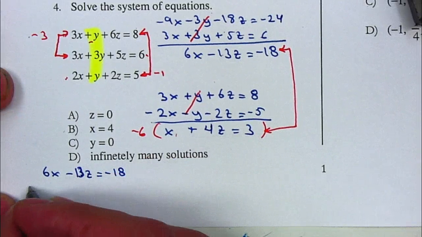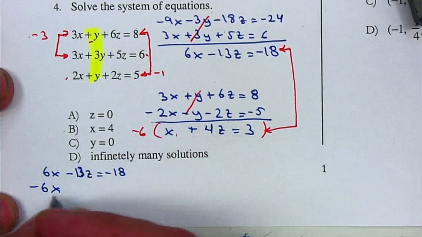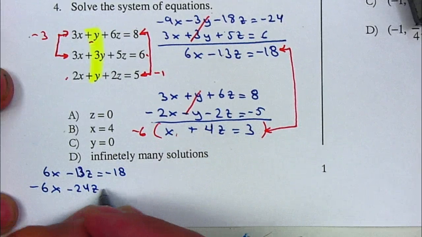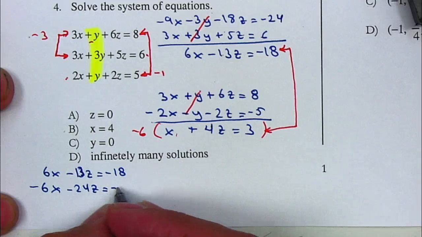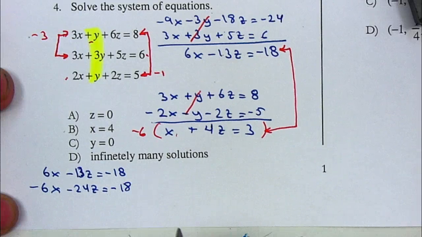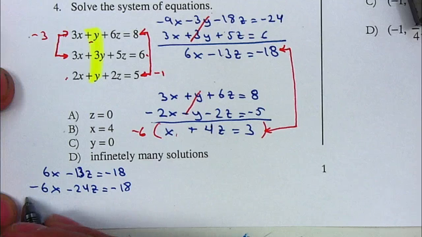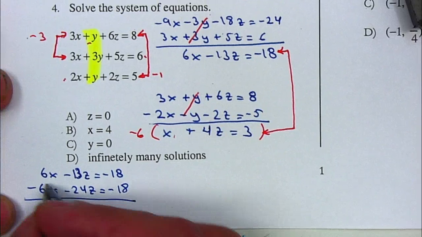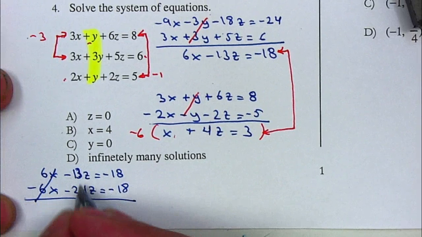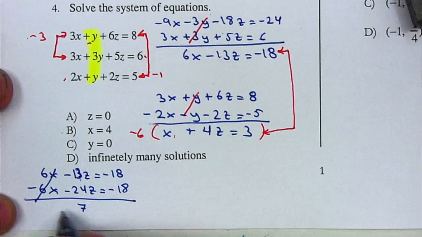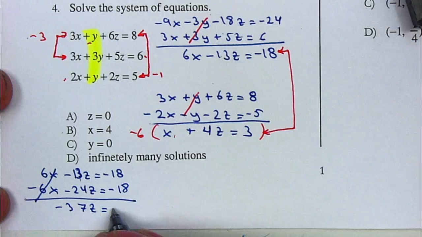The second equation will be multiplied by -6x minus 24z is equal to -18. That cancels. That gives me a 7, -37z is equal to -36.